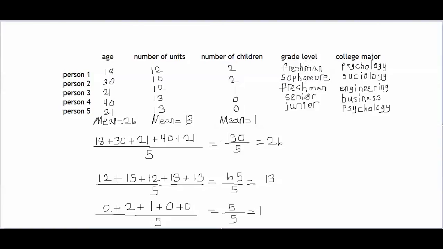We can't add up these 5 answers and divide the total by 5. We also can't calculate the mean college major because these 5 answers are nominal. So we can't add up the 5 answers and divide the total by 5.